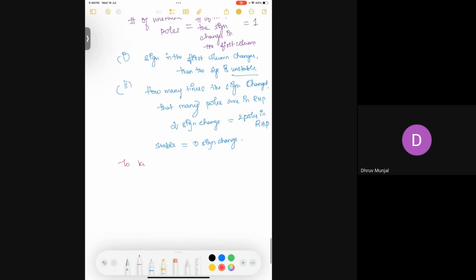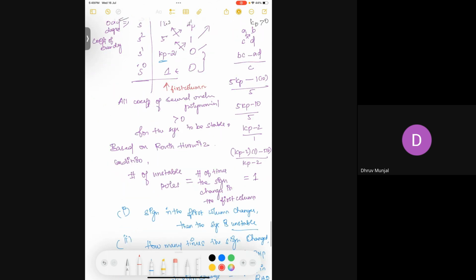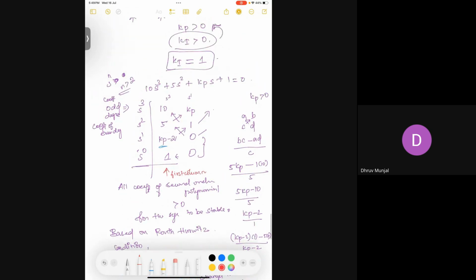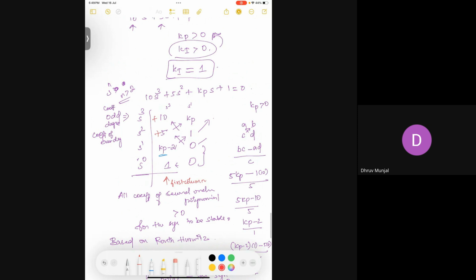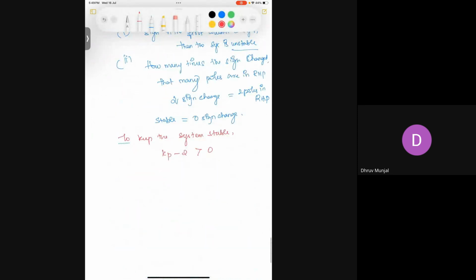To keep the system stable, the sign should not be changed. So the Kp minus 2 with the unknown factor should also be greater than 0, since everything else is positive. If this is positive, there will not be any sign change. That is what our condition should be. So according to this, Kp should be greater than 2.